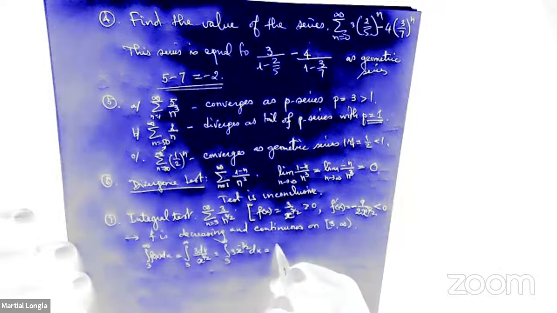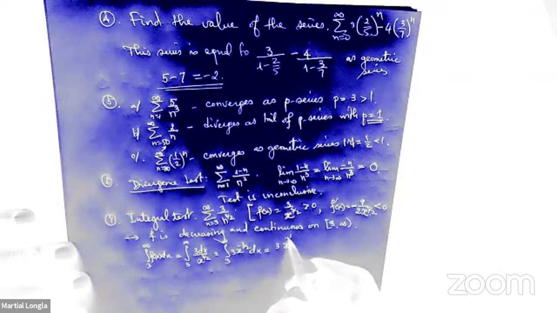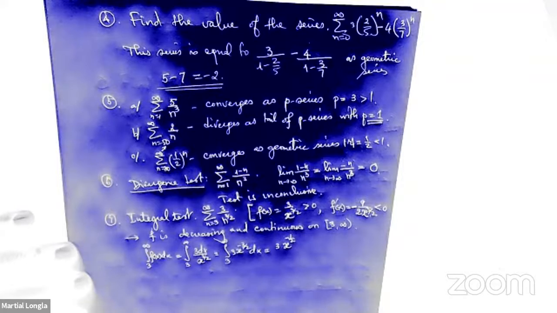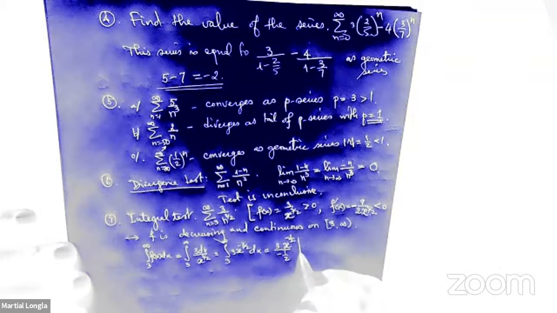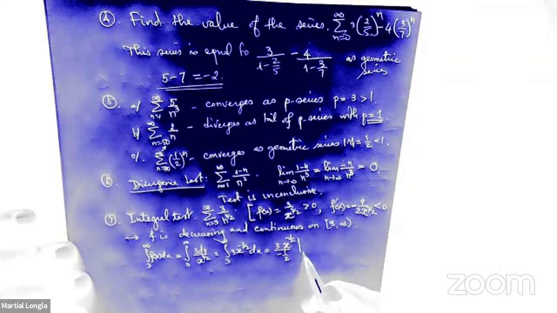And this integral is 3 times x to minus 1 half, which is minus 3 halves plus 1, over minus 1 half. Compute this from 3 to infinity.